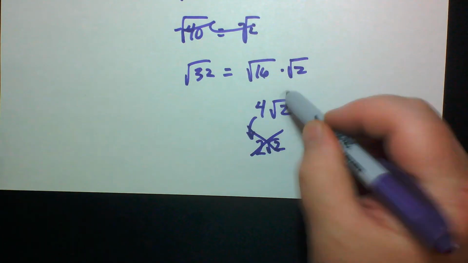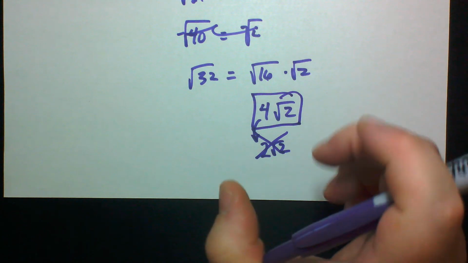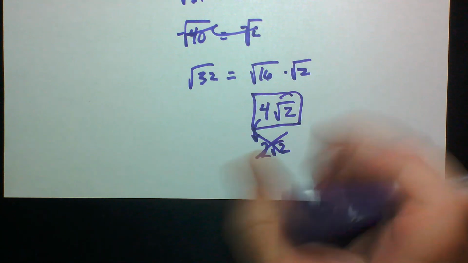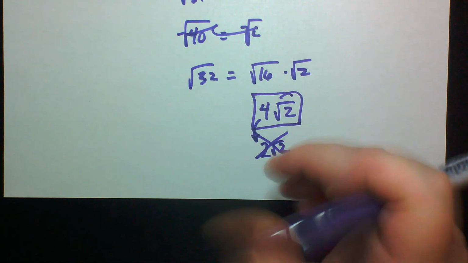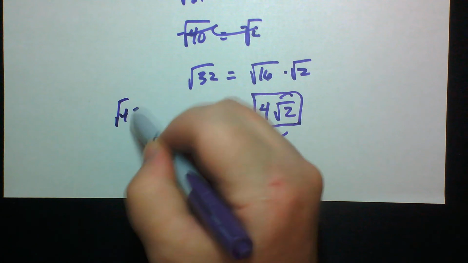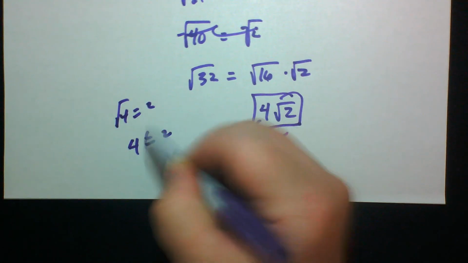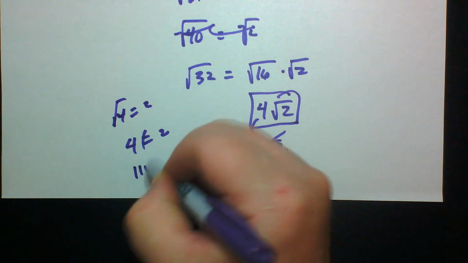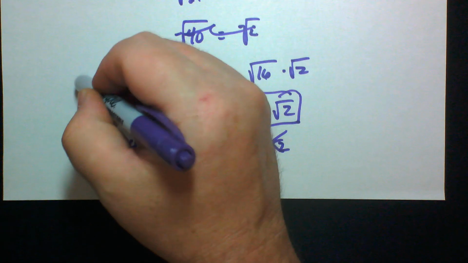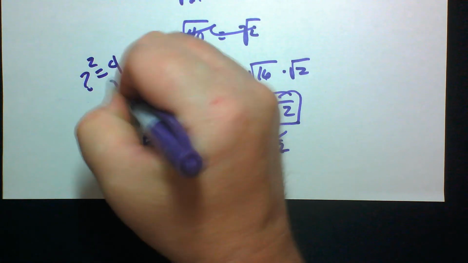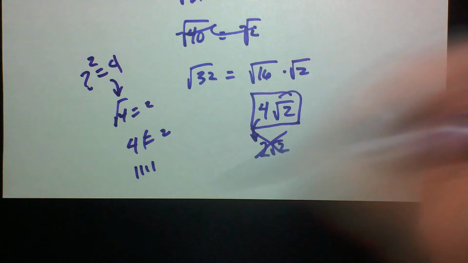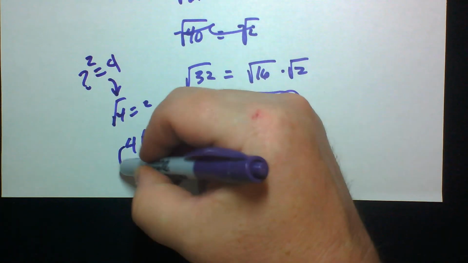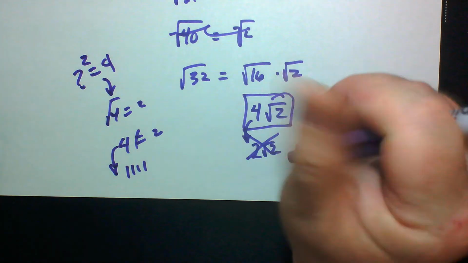So you're done right there. 2 root 2 is not the same, because 4 isn't 2. The square root of 4 is 2, but 4 is not 2. Because this is 4 like 1, 2, 3, 4. This is what number squared equals 4. And this is just 1, 2, 3, 4. This is like how many fingers you have if you hold a firecracker too long.